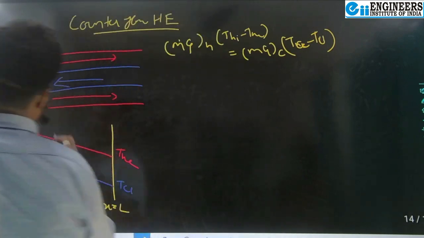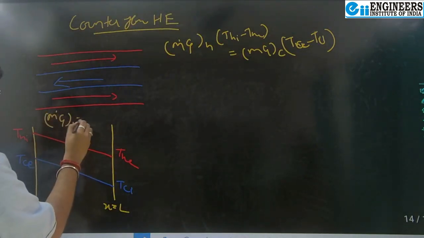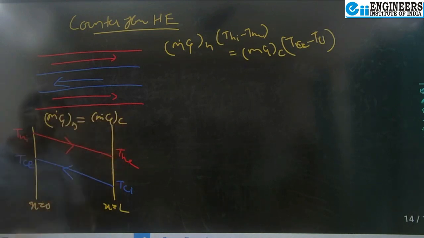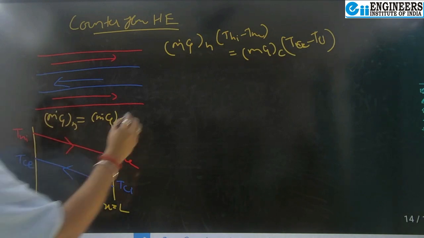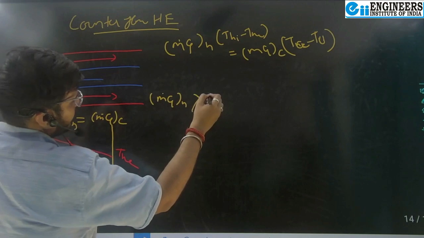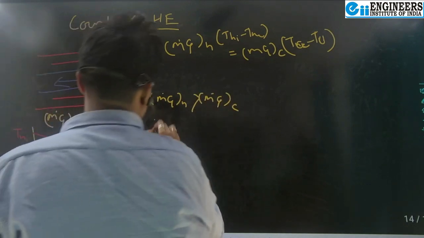So here the condition is mCp hot is equal to mCp cold. Suppose we move along and mCp hot is greater than mCp cold. What will happen in this case?